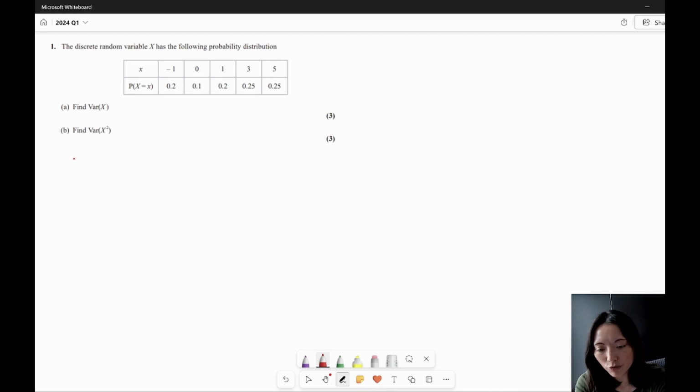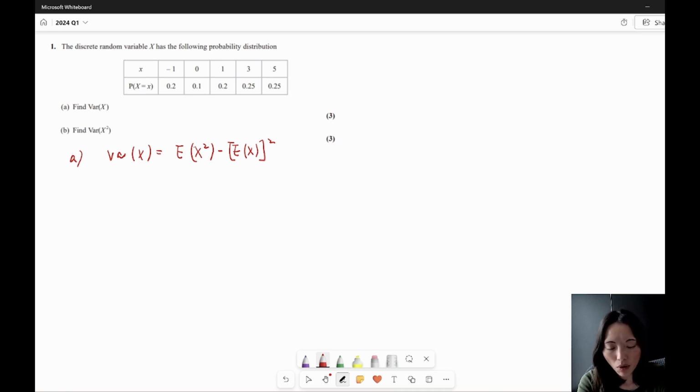Part A is asking us for the variance of x. We should all know that the variance of x can be written as the expectation of x squared minus the expectation of x, all squared. Some of you may occasionally get these two terms swapped, but the useful thing to remember is that the variance is always a positive number.